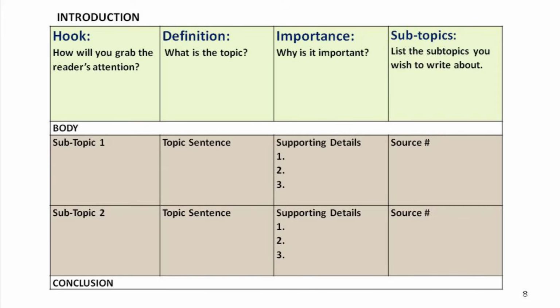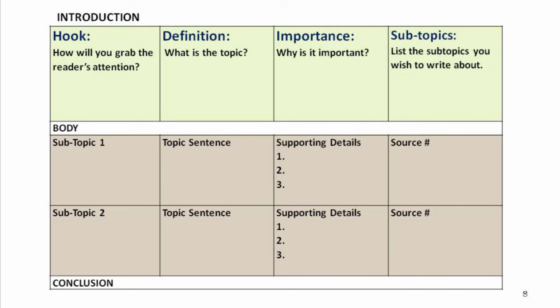Not leaving out the source. So we have to have the evidence from the source as well as the source from which we took that evidence. So we see now we have the source and source number. And the same applies for subtopic 2. We have the subtopic, the topic sentence, the supporting details, and the source number.